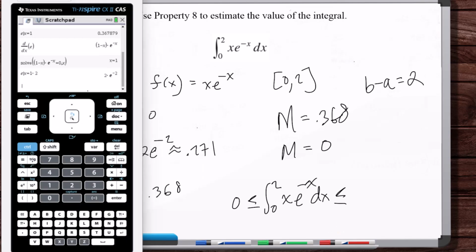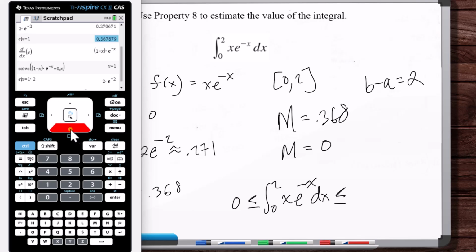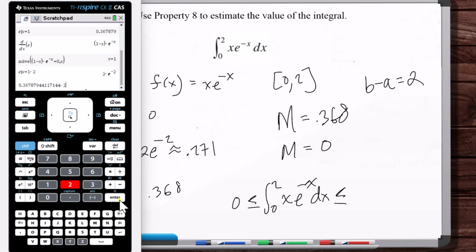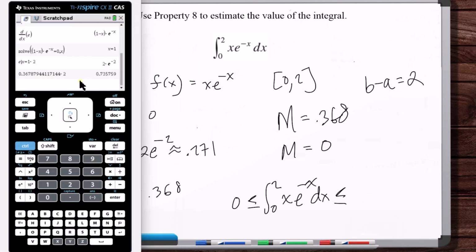Well, hold on. No, that's not right. It's 2 times this, 0.74. Just to see, we might want to do this exactly.